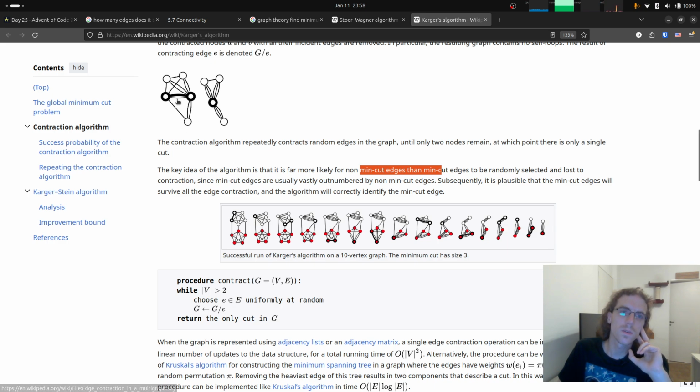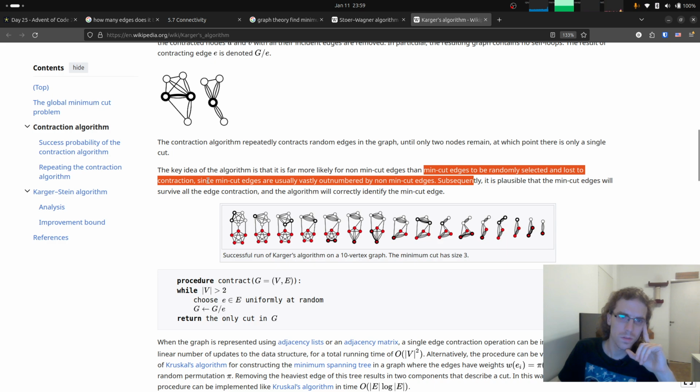Okay, so when you contract an edge, you lose all the edges that were connecting those two vertices. Since min cut edges are usually vastly outnumbered by non-min cut edges. Okay, yes, this makes sense.